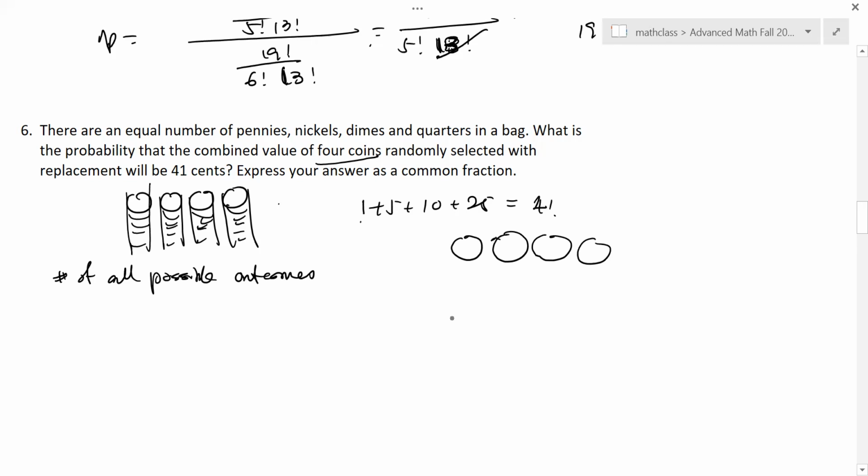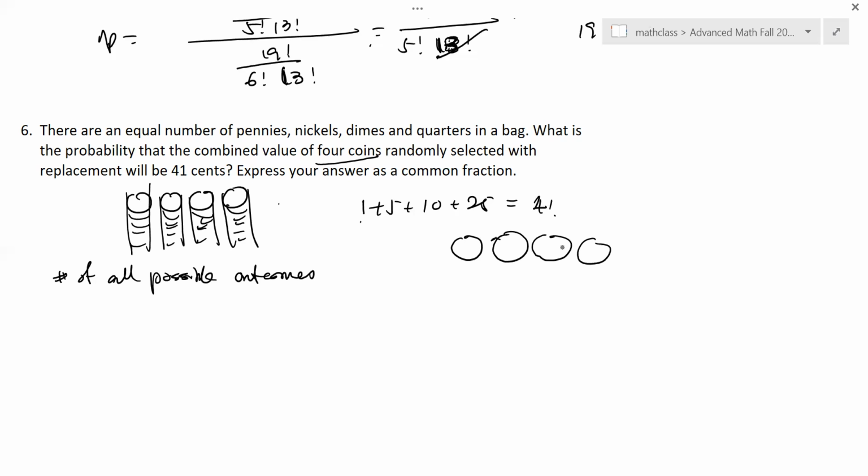There are 4 coins here. Because this is with replacement, each time you select 1 coin, you still put it back. So just assume there are 4 coins there.